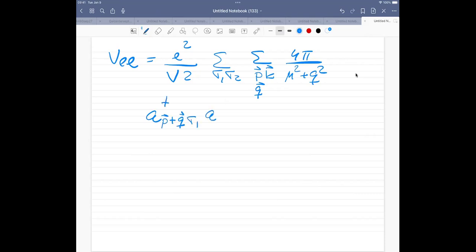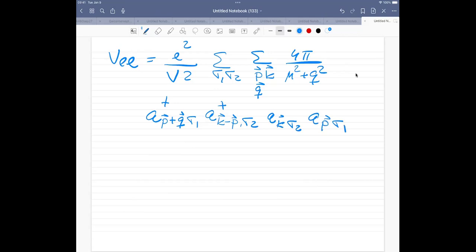And then I have an A of K minus P, which was K2 of sigma 2 here, dagger. And then I have an A of K, which was K3, no, K4, and then sigma 2 here, and then A of P of sigma 1. So that's my new operator.